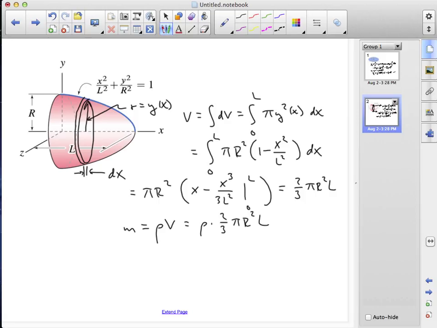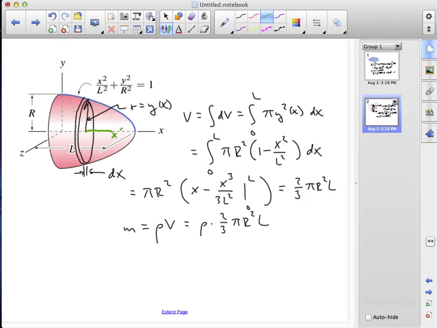Now we want to evaluate the mass moments Ix and Iy, and what will be critical here is understanding the relationship between a local centroidal xyz set of axes for the differential element and the x, y, and z axes in the problem figure. So let's keep in mind here that we have local axes.